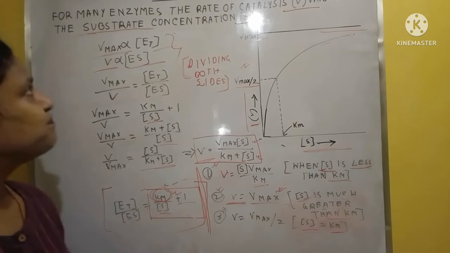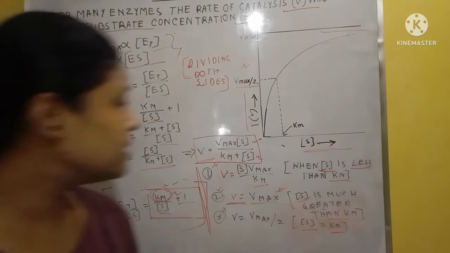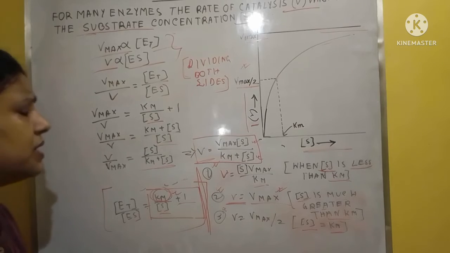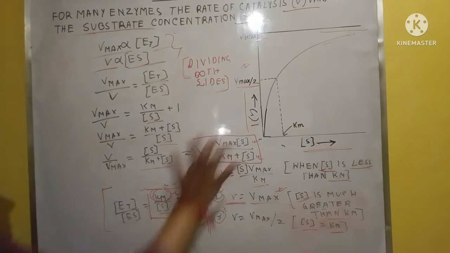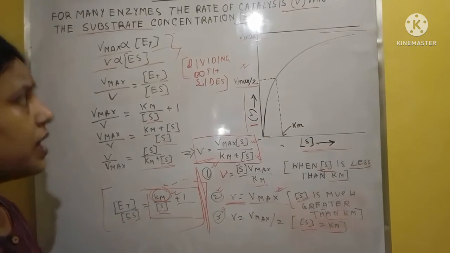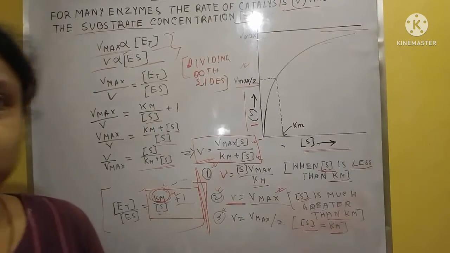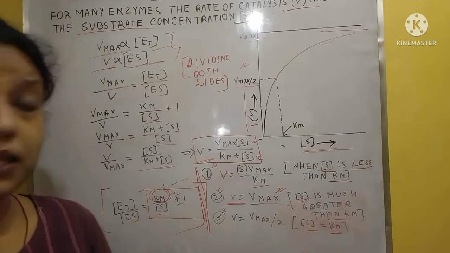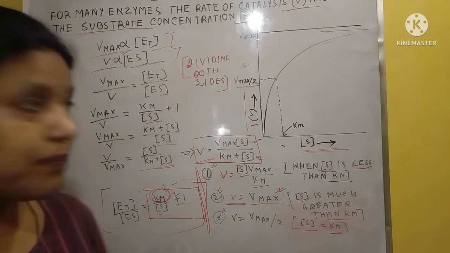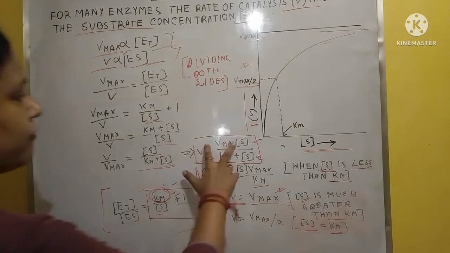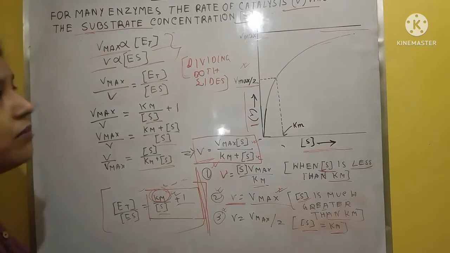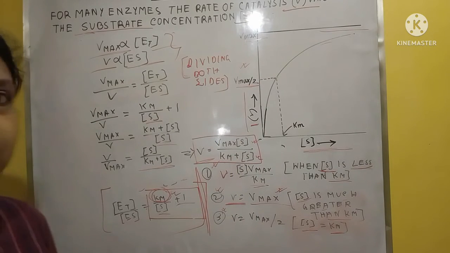This is the enzyme kinetics theory, and we learned the relation between the Vmax and Km. In my next video I will discuss the double reciprocal plot, and what the function of Vmax and Km is in the double reciprocal plot, we will learn in that video.